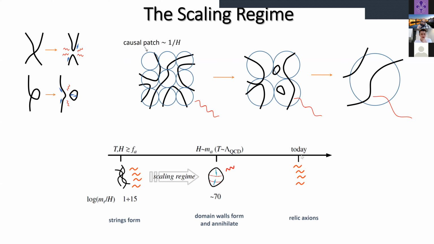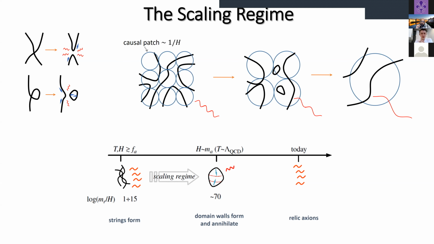So the situation is the following. When the temperature, or Hubble over Fa, at which log of M_R over H, which you can think of as log of Fa over H, is between 1 and 15, a configuration of axion strings would form as a result of Peccei-Quinn symmetry breaking, or a quantum configuration during inflation. These strings then enter the previously mentioned scaling regime, in which there is an approximately constant number of strings per volume.